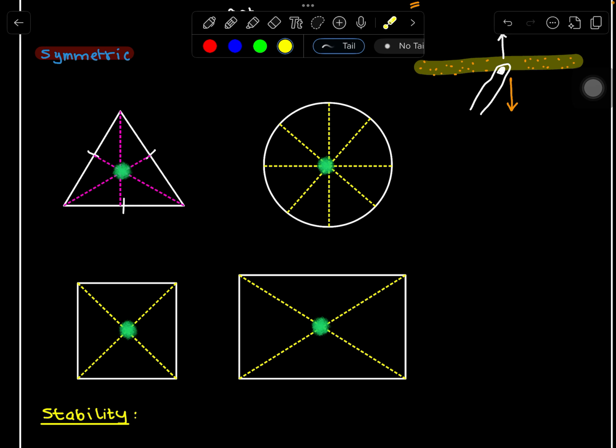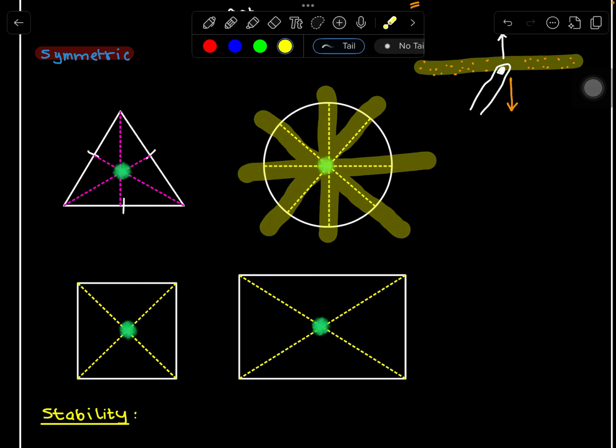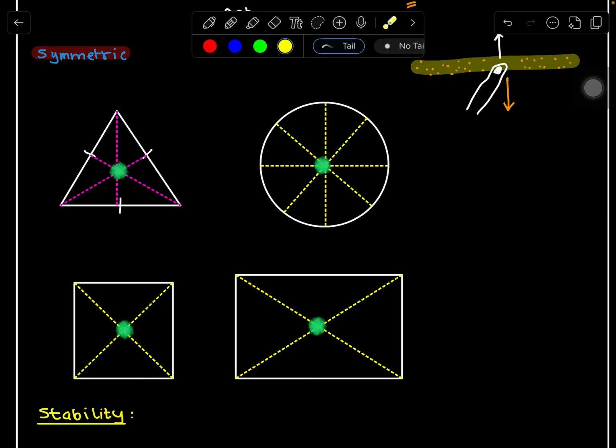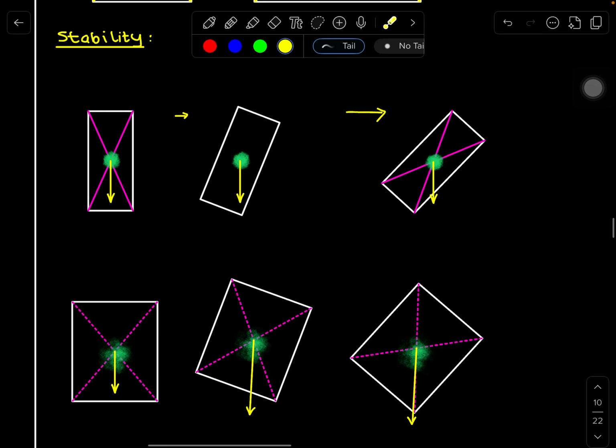For a circle, you don't have any corners, so you can just draw lines from any part of the circle. And where these lines intersect, that's your center of mass or center of gravity. We use both the terms. It's okay to call them the same thing at your level of IGCSEs.